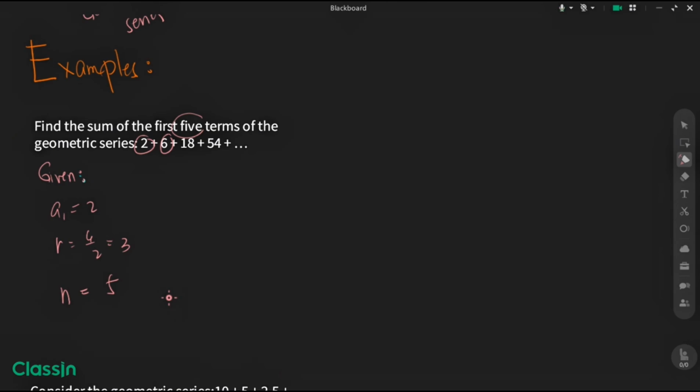So in this case, we are going to use the formula for the finite geometric series. Why? Because we are given the number of terms, 5. We need to get the sum of the first 5 terms. So this is finite.